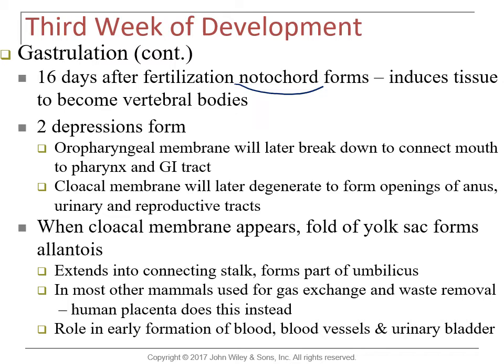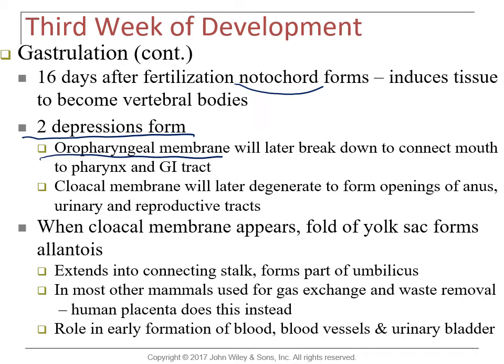Also, during the 3rd week of development, 2 faint depressions appear on the dorsal surface of the embryo where the ectoderm and the endoderm make contact but lack mesoderm between them. The structure closer to the head end is called the oropharyngeal membrane, which pertains to the pharynx.